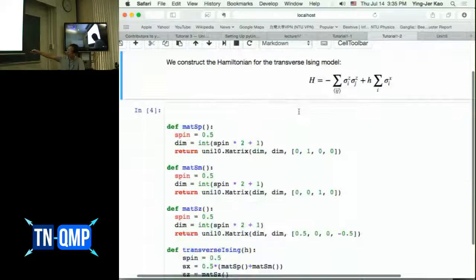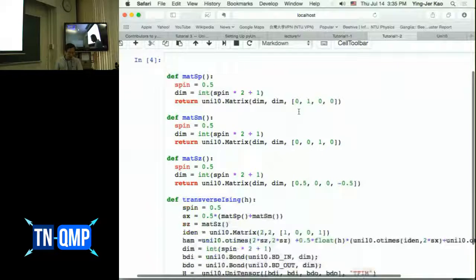So this is spin 1/2, so this is my dimension. I just give the matrix some dimension, and the matrix elements in the proper order, which is all in C order. And so this S plus, S minus, Sz.